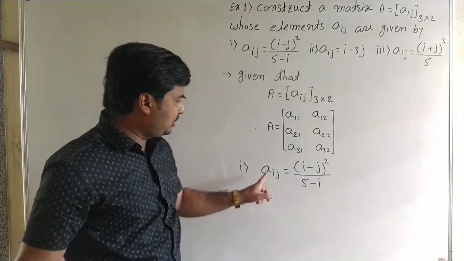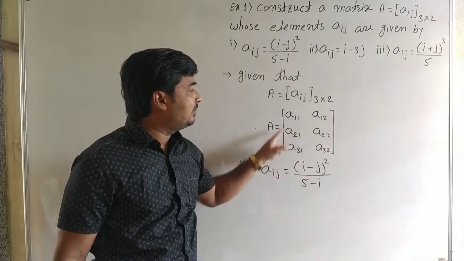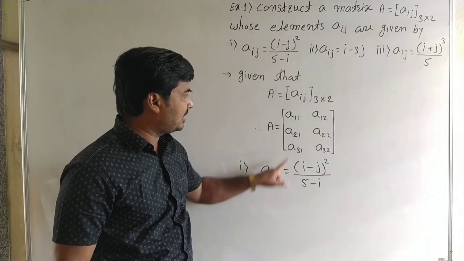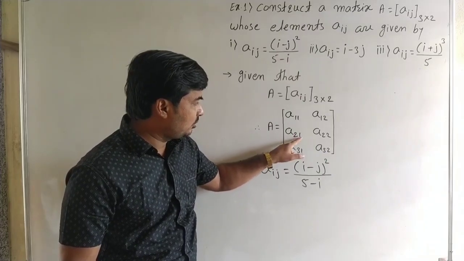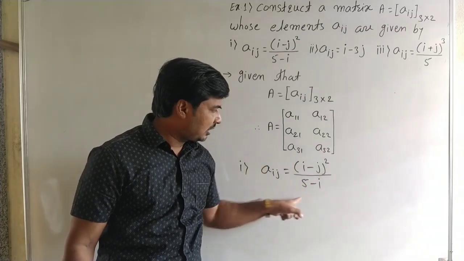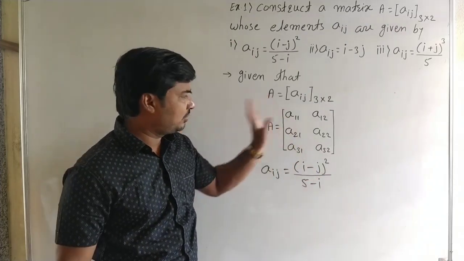Using this condition we want to find all 6 elements. For i, j equal to 1, 1, replace i and j by 1 and 1. For the next element, i is equal to 2 and j is equal to 1, and by this calculation we get all 6 elements of the matrix and we write the matrix.